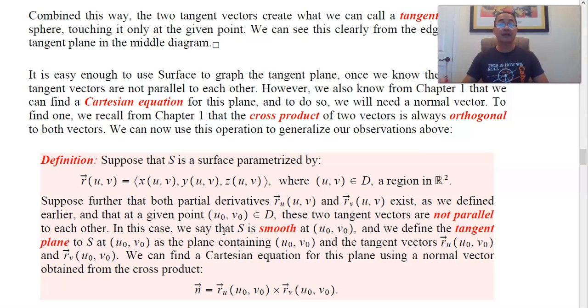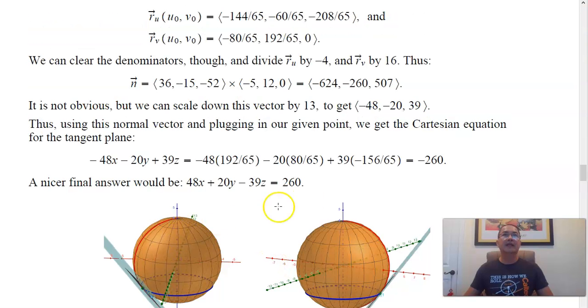Game over if one of them is the zero vector, because the zero vector is parallel to all vectors. But just as important, they can't be parallel to each other. Why? Because if they're not parallel to each other, we can find their cross product, and then that vector will be a non-zero vector. So therefore, once we get that cross product, we can find the equation of the tangent plane to the surface at that point.